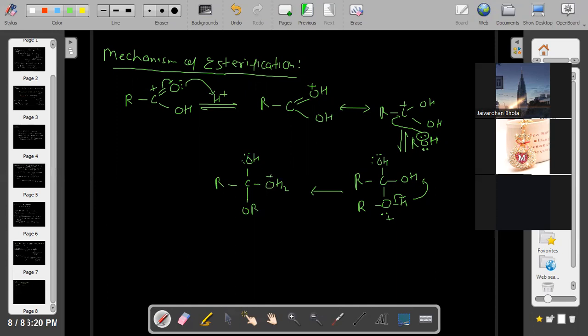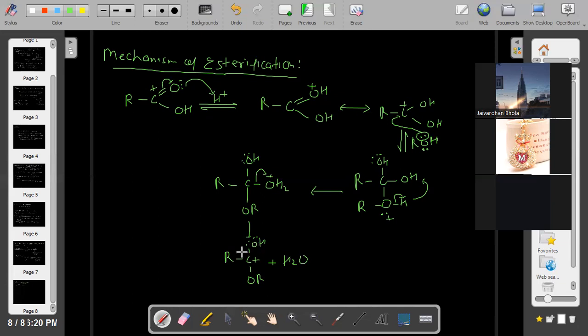Now it gains electrons from this H2O moving out. Then RC with OH, OR, a carbocation, plus H2O.